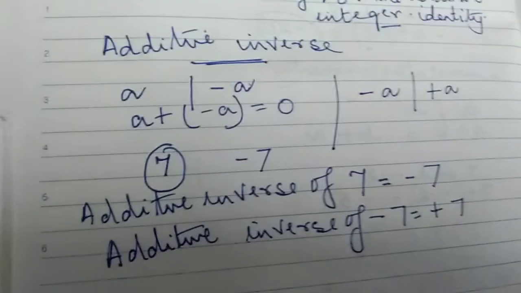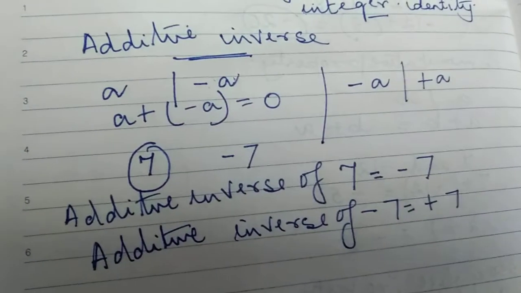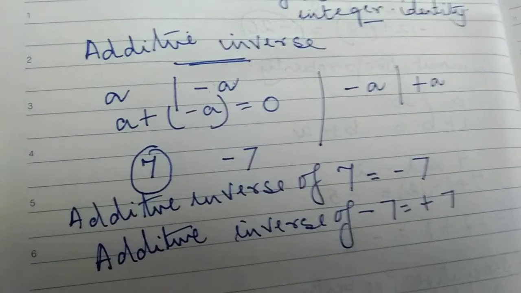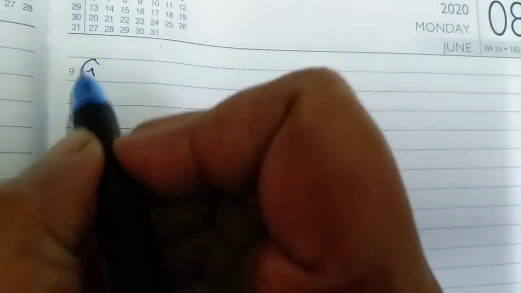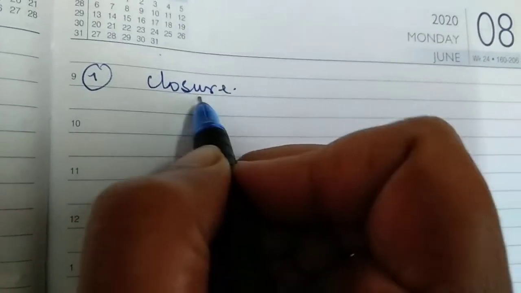Now I move on to the properties of subtraction of integers. The first property is the closure property, which also holds good for subtraction.